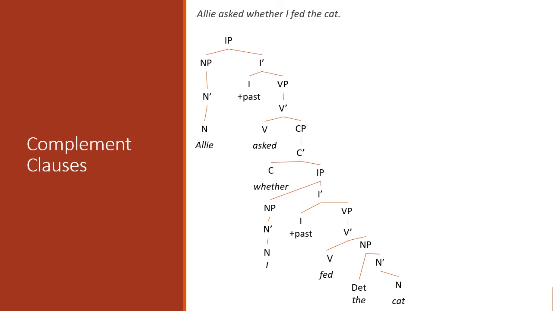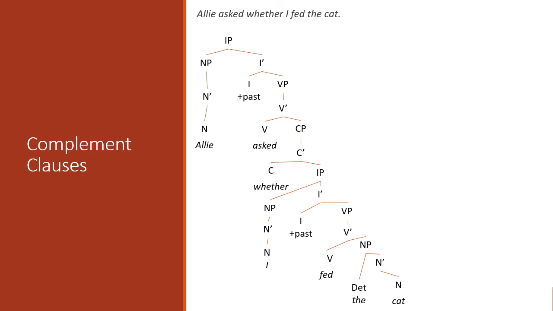So here's a nice tree structure of that. I like to start at the bottom. Cat is just a noun, and the cat is the noun phrase. Fed the cat is the verb phrase, and the complement of the verb phrase is the cat. The IP, or the sentence, is I fed the cat, and the tense is past in the IP. The I, meaning me, is the main noun phrase, and fed the cat is the main verb phrase.